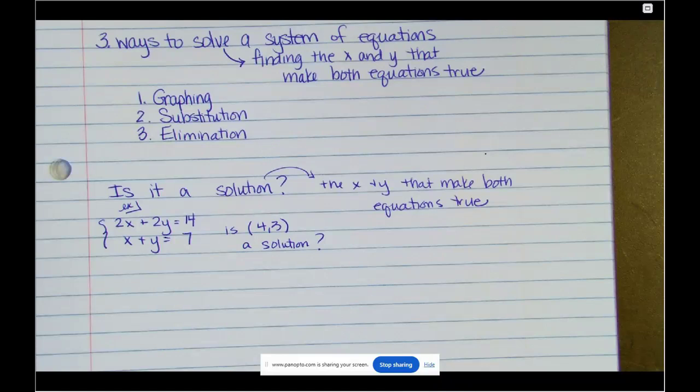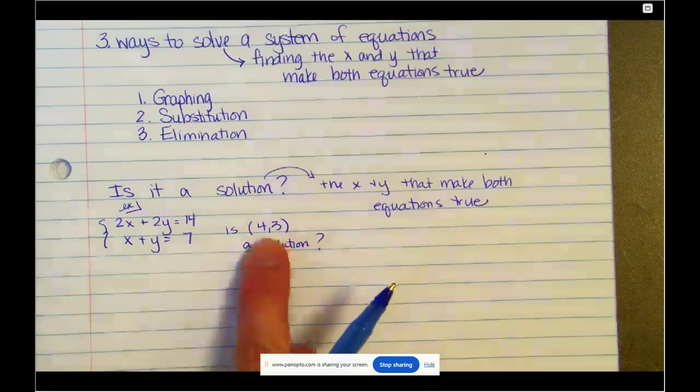Well, I got people still writing, just a second. Okay, so this is a coordinate point.